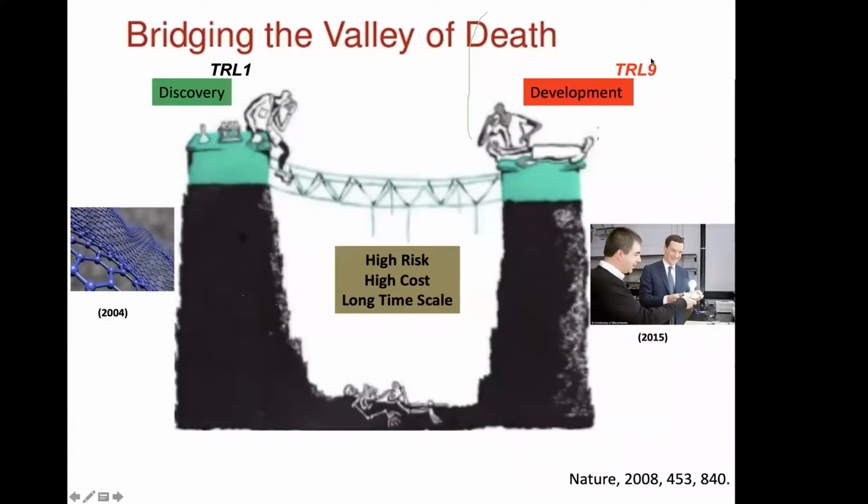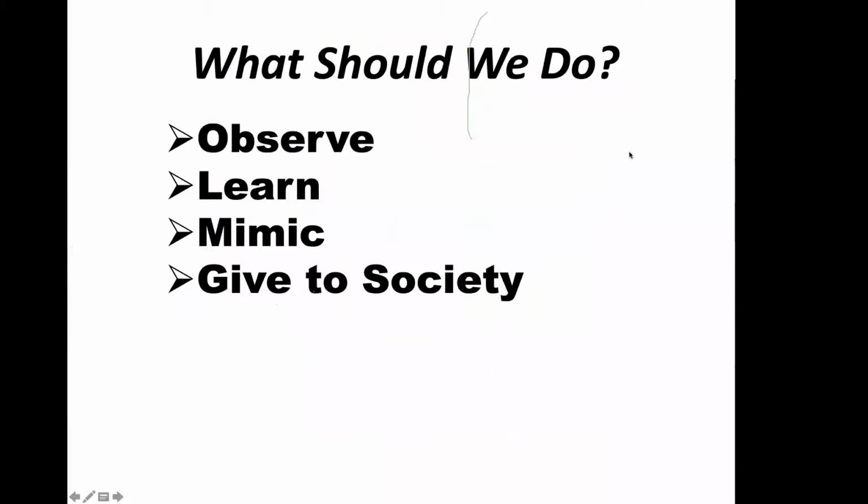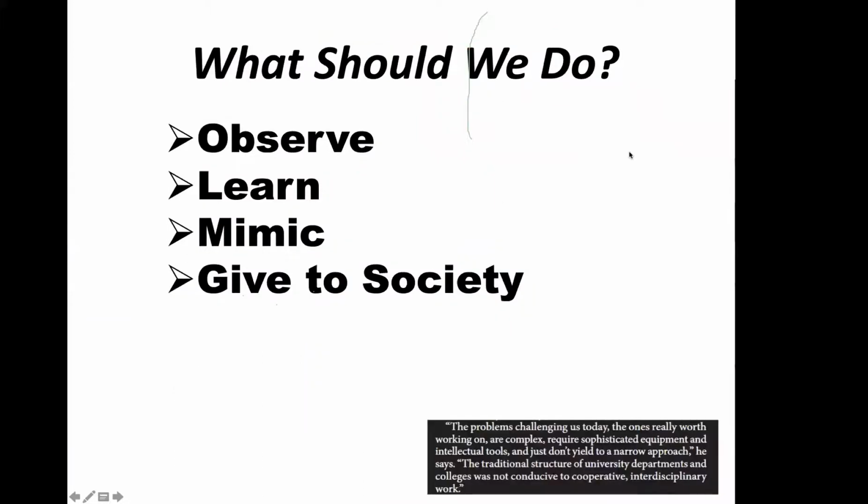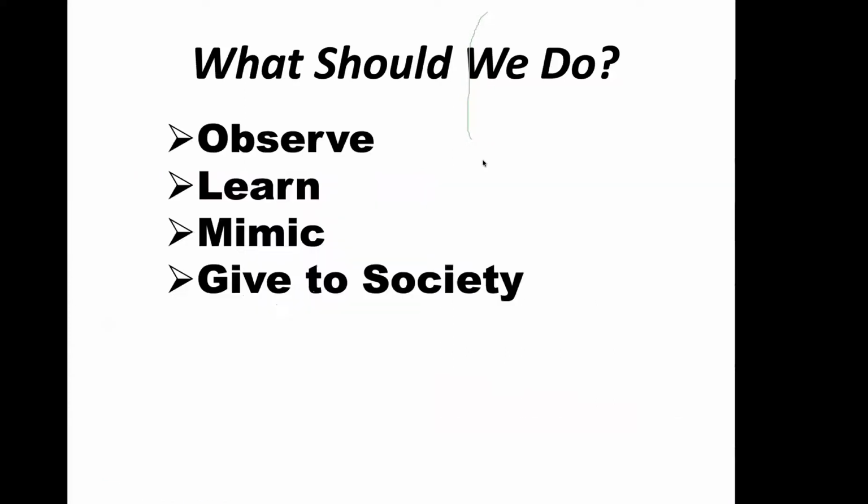Only when it reaches technology readiness level 9 is it effectively useful. It takes time, but we need a very combined approach to reach that position. But various problems can be addressed by adopting concepts from nature.